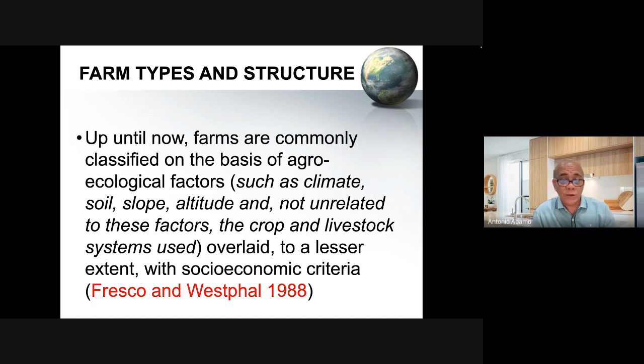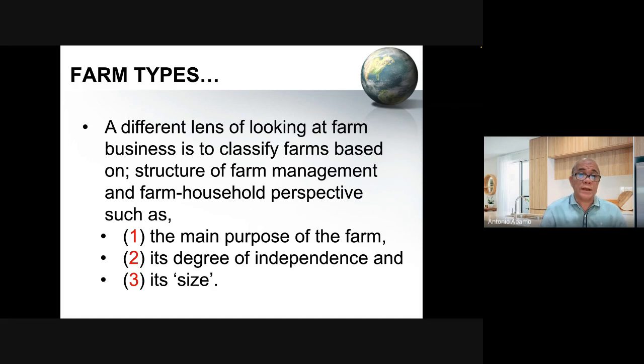So if we look at the different farm types, a different lens for looking at the farm business is to classify farms based on the structure of farm management and the farm household perspective, such as what is the purpose of the farm? Because we want to manage the farm, we need to know the orientation or objective of the farm.